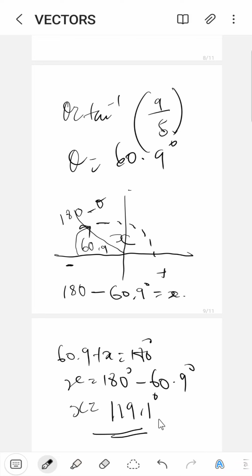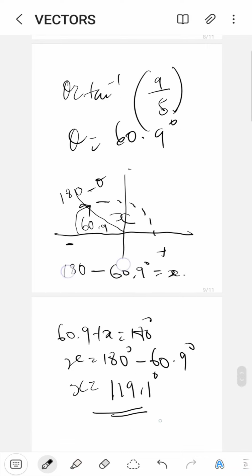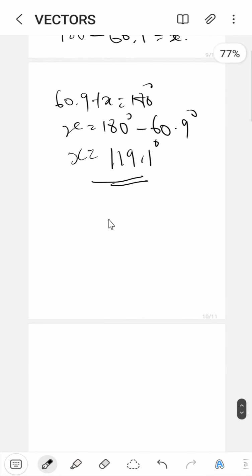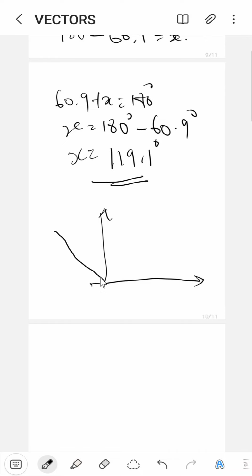That is basically our angle. All right, so how then do we write our final answer? We know this magnitude is at an angle on this side, and the -5 is this side.